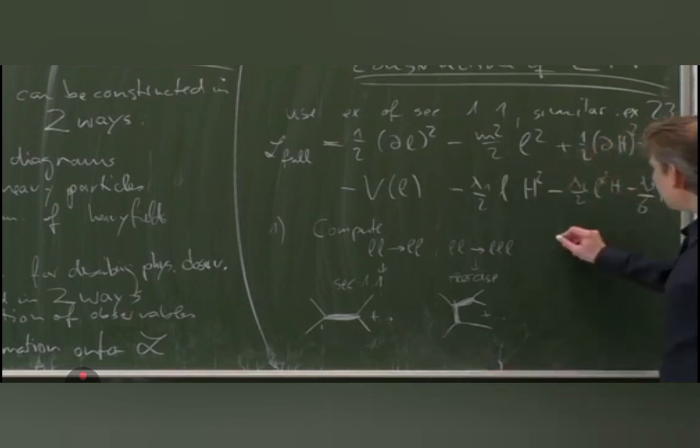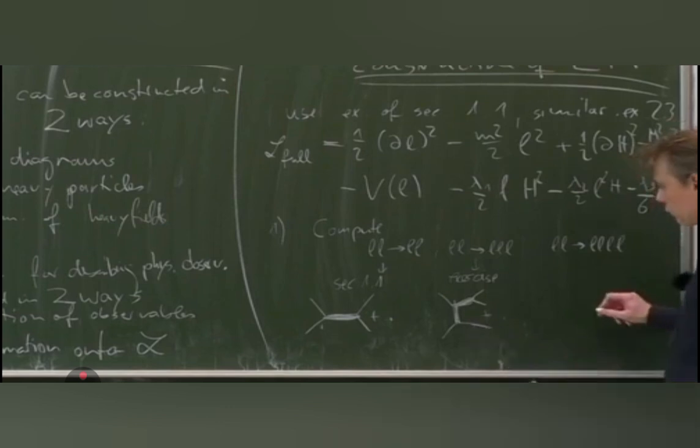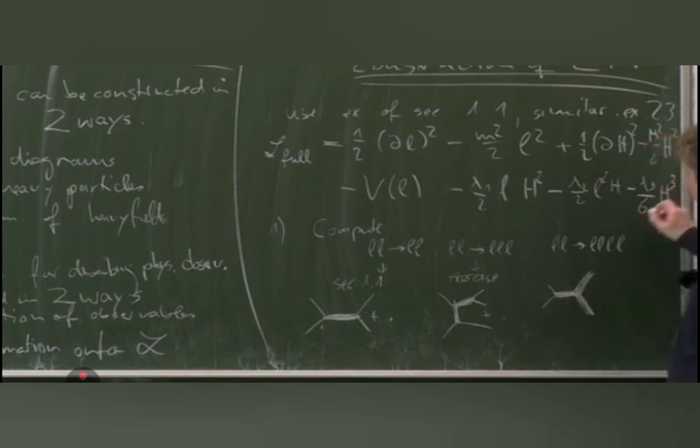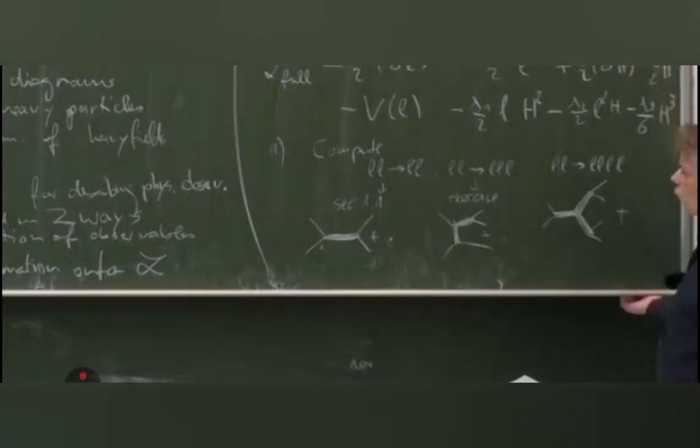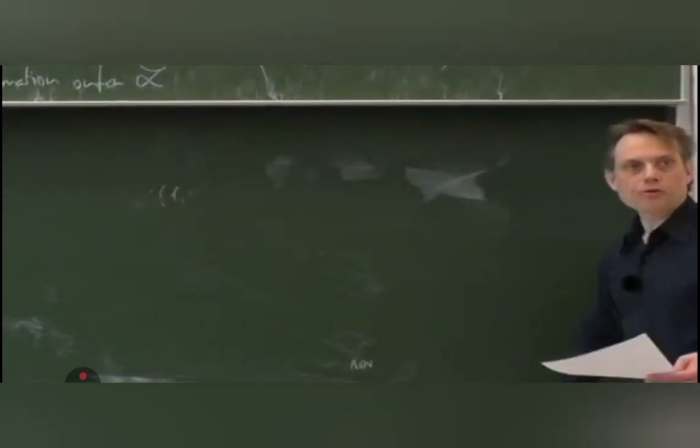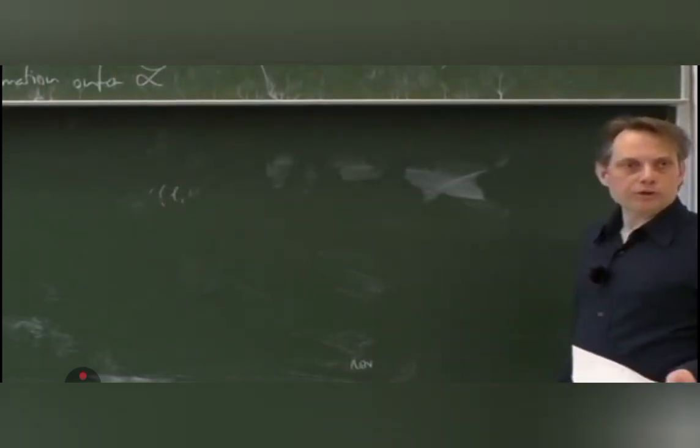And one could also calculate processes with 6 L's and so on. For 6 L's it could look, for example, like this. 2 L's in the initial state. Then using the triple vertex with 3 heavy particles and 4 particles in the final state, and so on. So we can compute all these Feynman diagrams, and for each one we can do a Taylor expansion in 1 over the heavy mass scale.